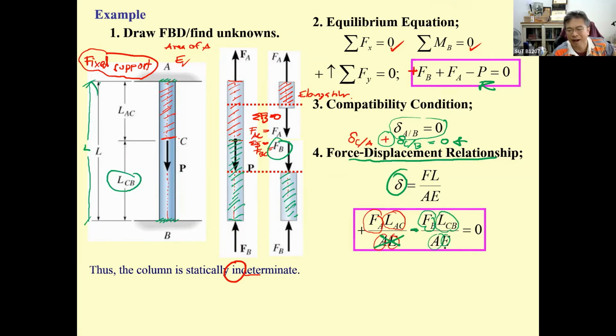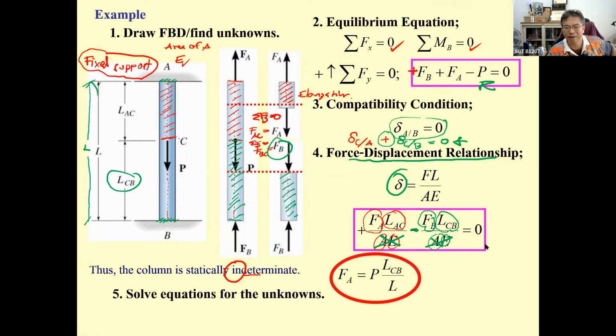Now you may cancel these two and rearrange this equation. You will get F sub A L sub AC equal to F sub B L sub CB. Now, F sub B will be equal to F sub A L sub AC divided by L sub CB.